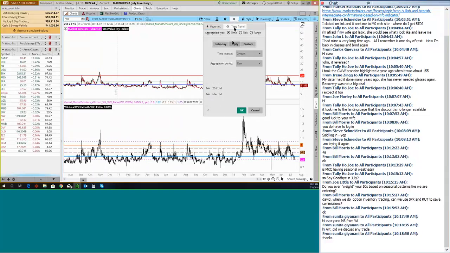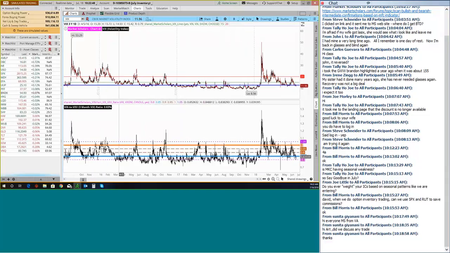All right, so let me go back a little bit further because you can't really see 2016. So here's 2016, so 2015. Remember when the markets were really bearish at the end of 15, beginning of 16, right there during that time frame. Look at how we rarely got extremely low for most of that period.